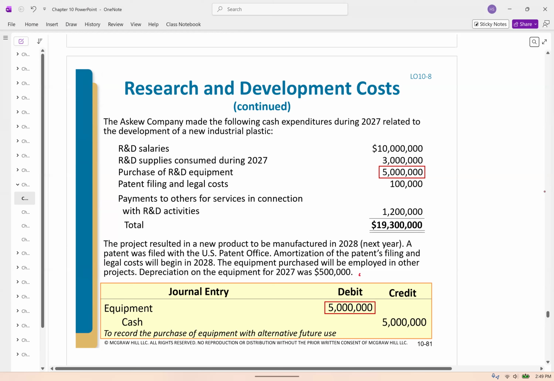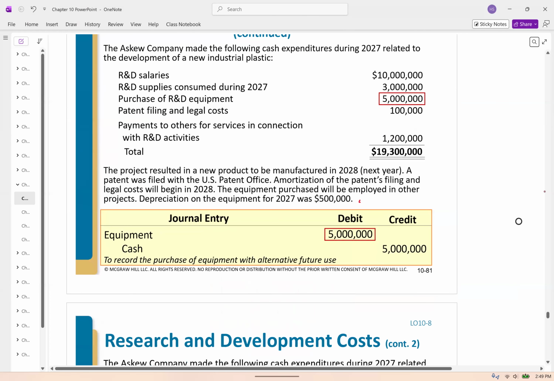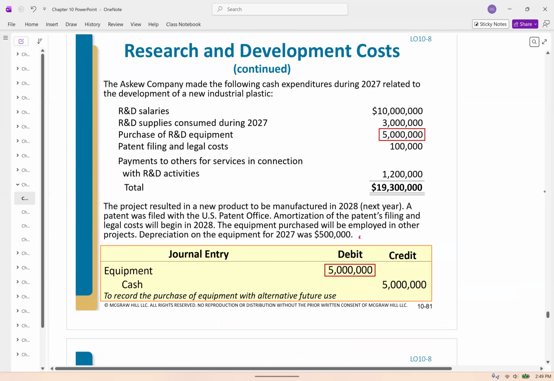Looks like it may be a useful life of 10 years. It doesn't get dumped all into research and development because it's going to be used for other projects. If it was only going to be used for this project, and we might anticipate we're going to be on this project for 5 years, then we could also depreciate it gradually over that, going to R&D expense.